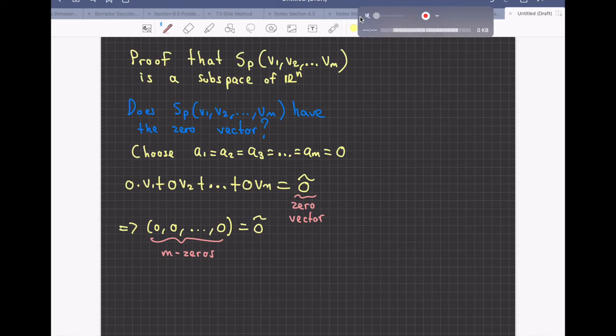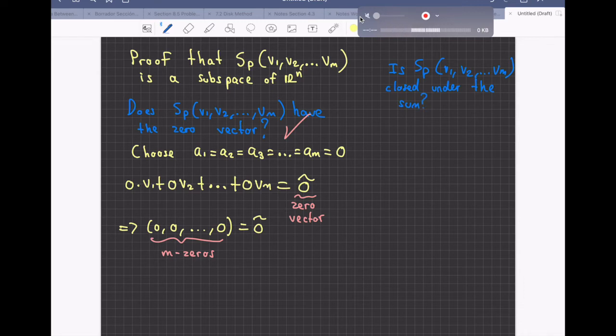All right, so does it have the 0? Yes. Number 2, is SP of b1, b2, and so on closed under sum?